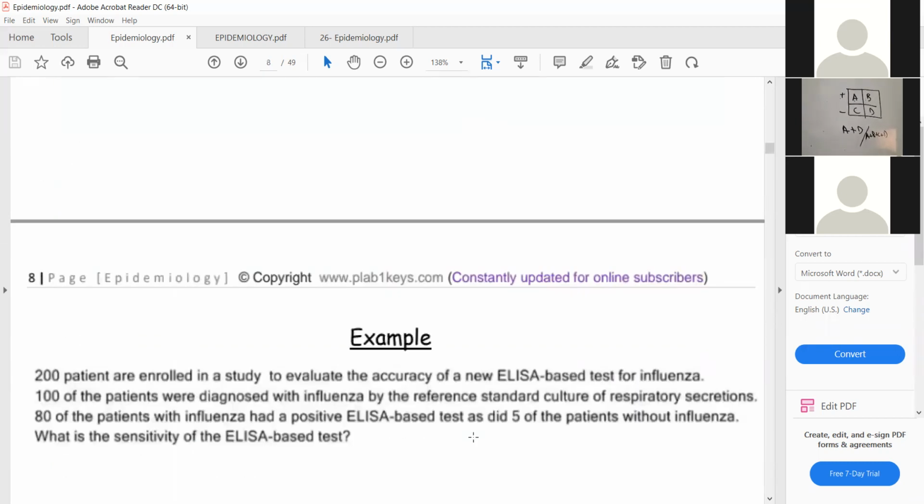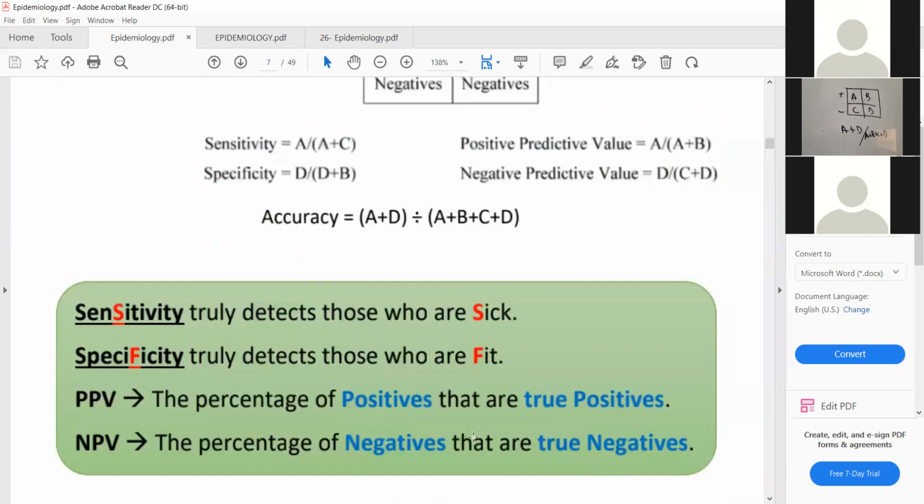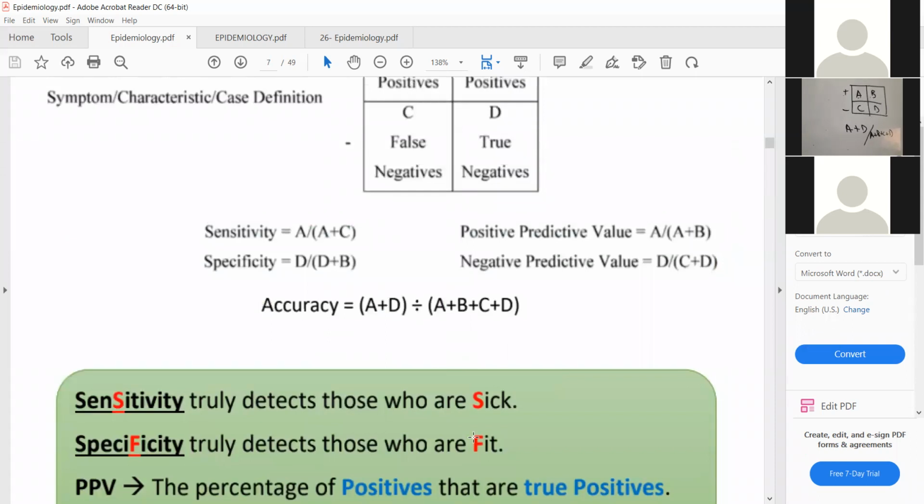Oh, this accuracy of the test, can you please explain again? Accuracy means how accurate a screening test is. The accuracy can be calculated by dividing true positive plus true negative over total number of the patients.